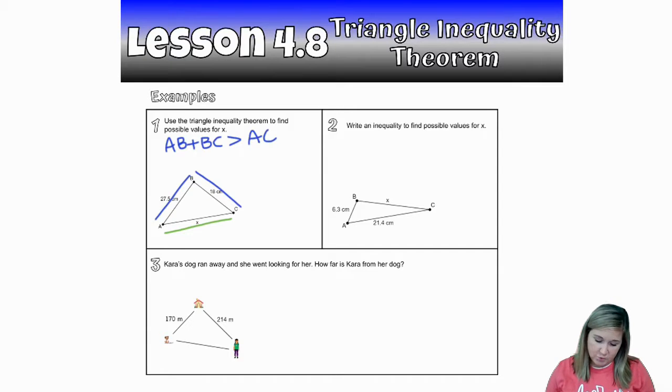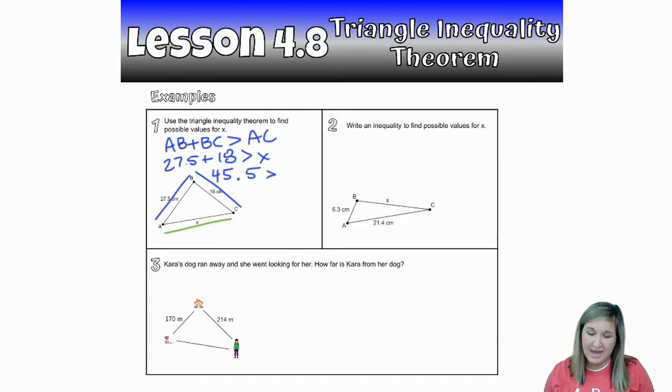So I have 27.5 plus 18 has to be greater than x. Then I add those two together, and I get 45.5 must be greater than x.